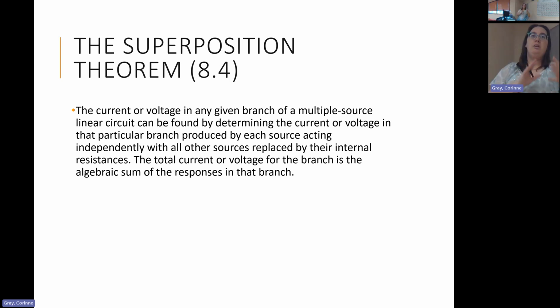That is what the superposition theorem is for circuits. One source at a time, what is the current or the voltage across this resistor? Do it for all of them. There are certain ways we have to do this to make sure we're accurately explaining it. Something we need to understand about superposition, as well as the 2 theorems we're going to talk about today, is that these are mathematical constructs.